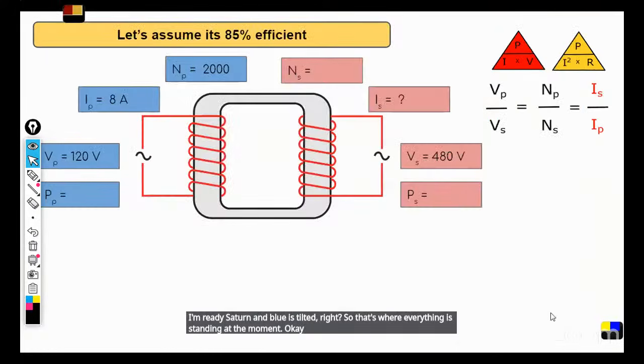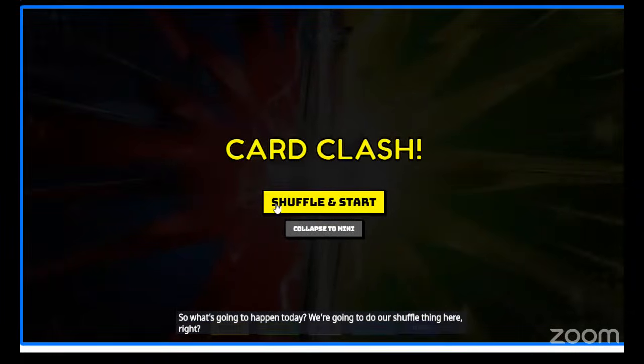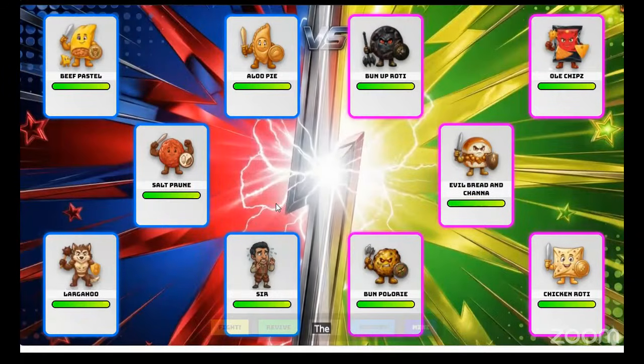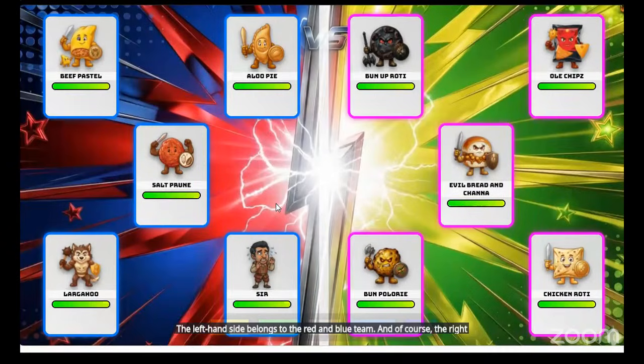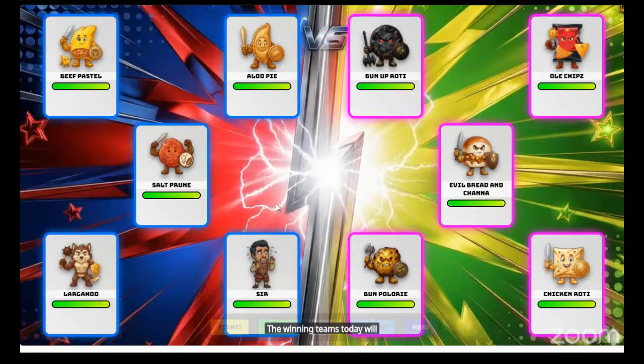Right. So what's going to happen today? We're going to do our card shuffle thing here, right? The left-hand side belongs to the red and blue team. And of course, the right-hand side, you can watch the colors, belongs to the yellow and green team. The winning teams today will get 40 points.